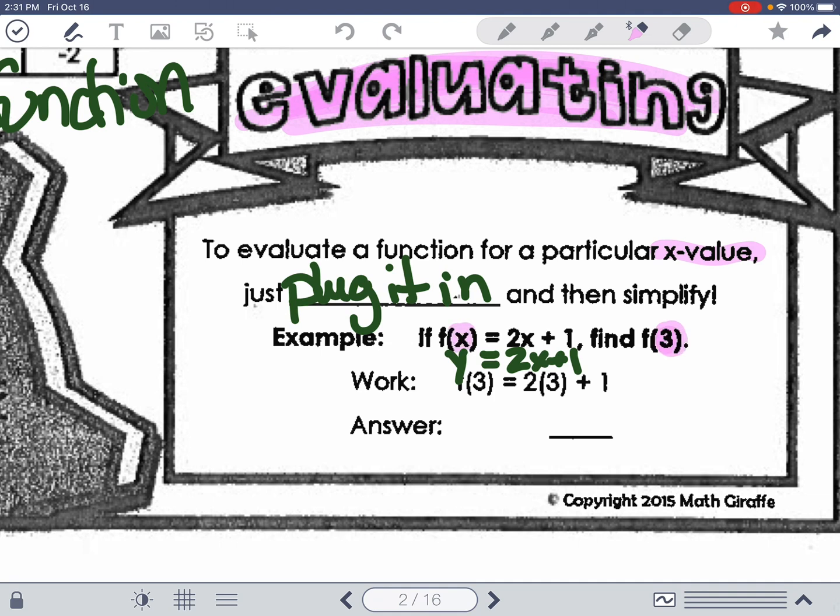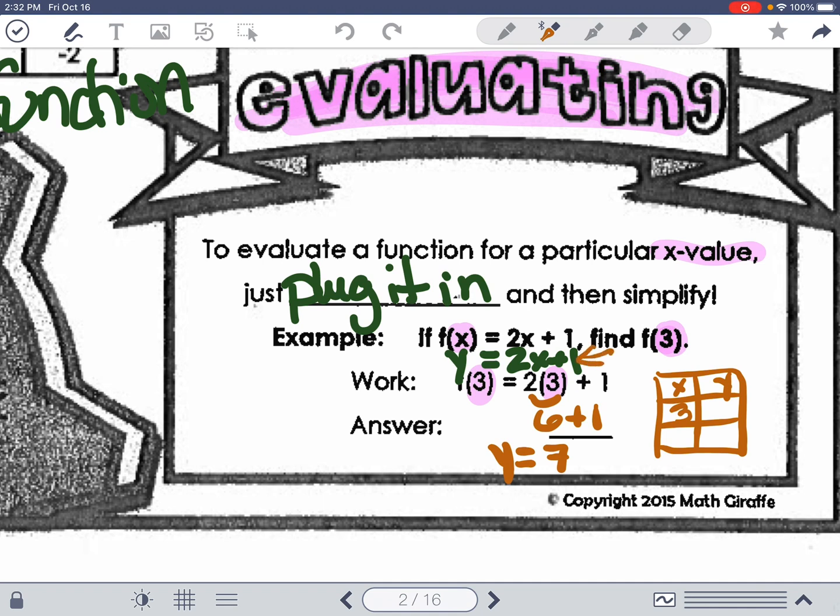We plug the 3 in for x and do the order of operations on the right side. 2 times 3 is 6, add 1, and that's 7. So y equals 7. Our little table would look like x is the input, y is the output, and we input 3 for x into this function, and we output 7.